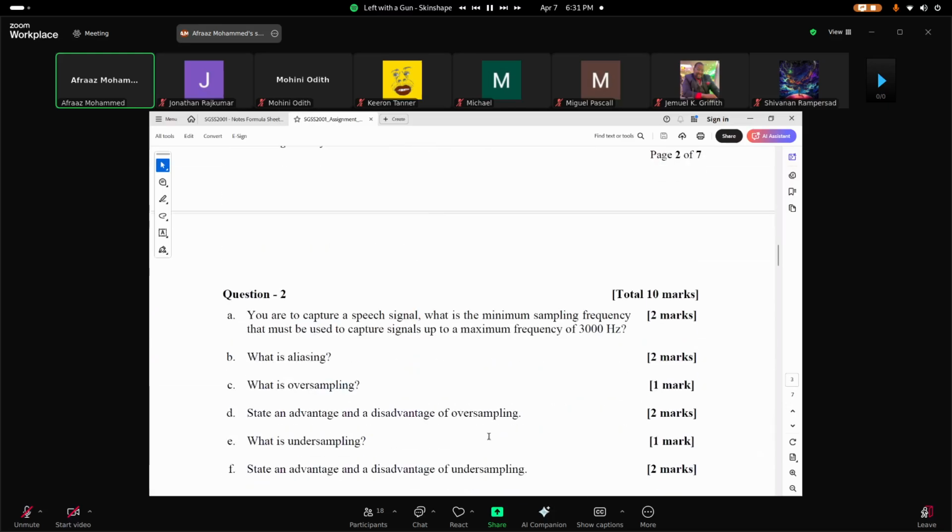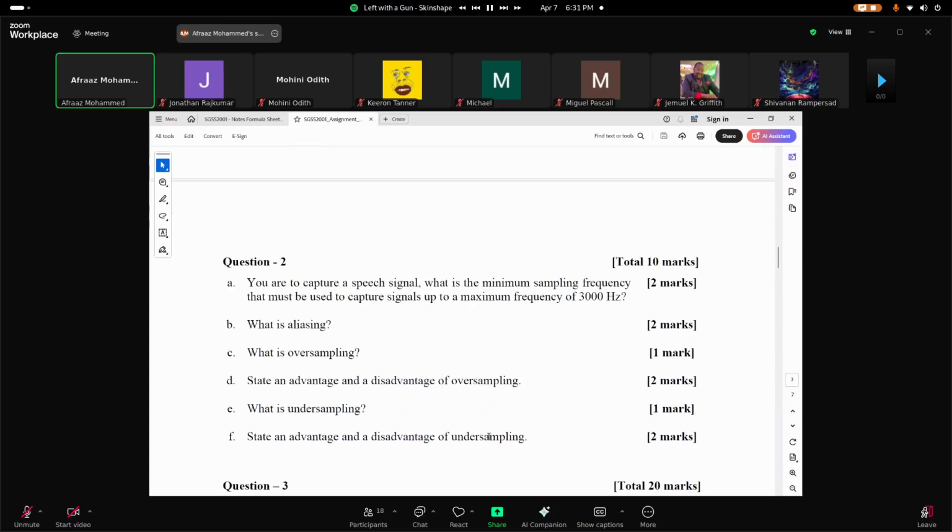The second one is related to sampling, and we did this a couple of lectures ago. It was lecture 7. So in lecture 7, we did sampling.